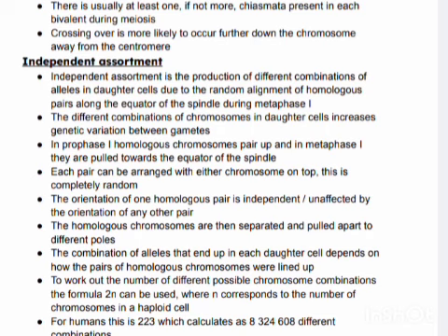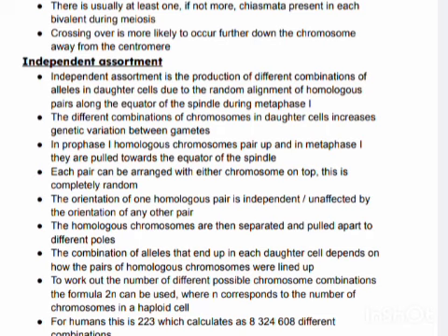In prophase 1, homologous chromosomes pair up, and in metaphase 1, they're pulled towards the equator of the spindle. Each pair can be arranged with either chromosome on top. This is completely random. The orientation of one homologous pair is independent, unaffected by the orientation of any other pair. The homologous chromosomes are then separated and pulled apart to different poles.